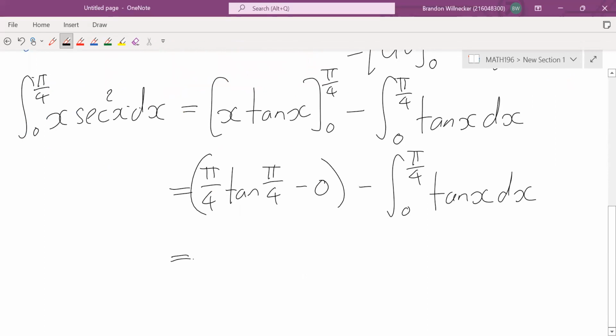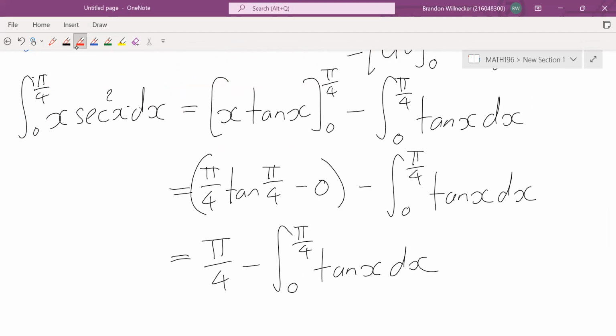Now tan of pi over 4, that's just tan of 45 degrees, so that's just 1. So we end up with pi over 4 minus the integral from 0 to pi over 4 of tan of x dx. Now we need to figure out what this is.